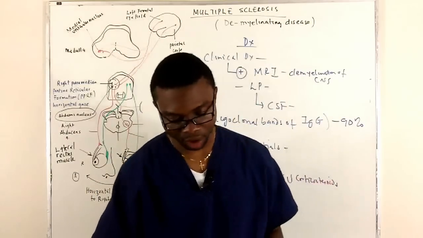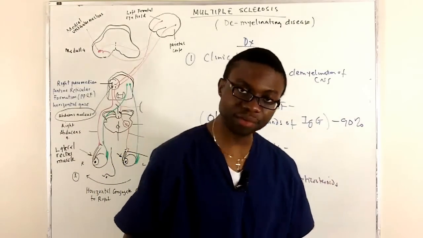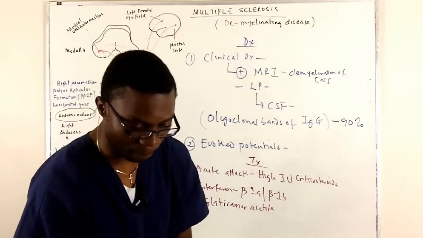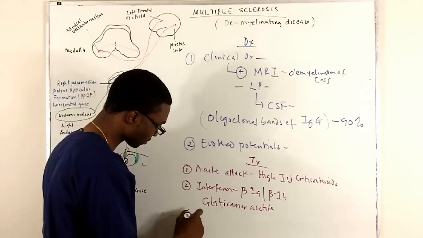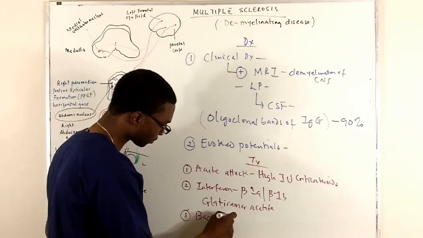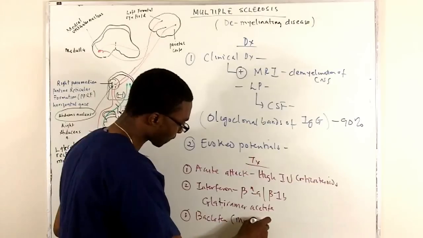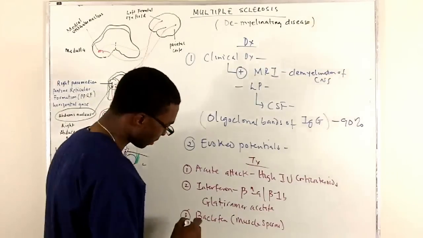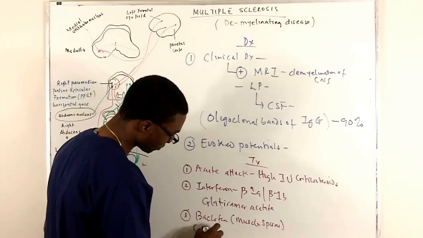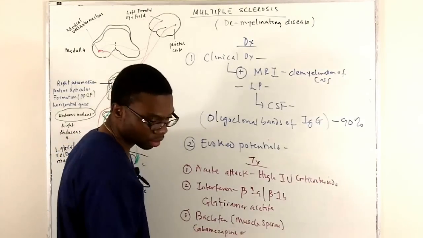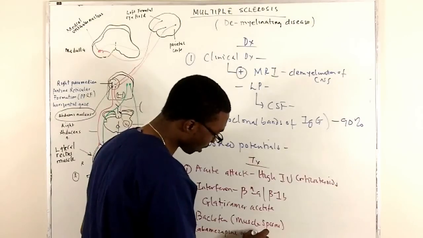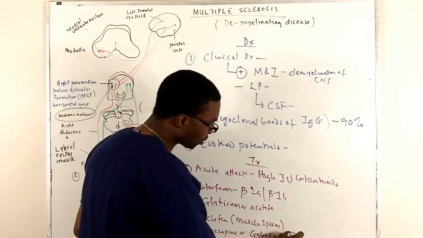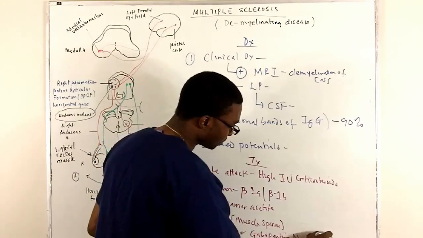Other drugs we can give are baclofen, and baclofen is actually given for muscle spasms. And also you can give carbamazepine or gabapentin or Neurontin if they have neuropathic pain.